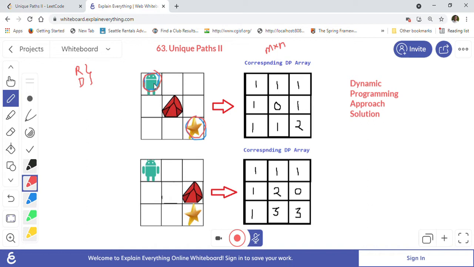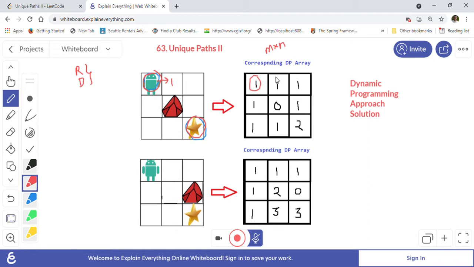So if the robot is standing here in the first row, there is only one way to reach this cell, because it cannot come from anywhere else. You can just put one here because there is only one way to reach here. If the robot wants to go to this cell, there is only one way, by just going to the right side.